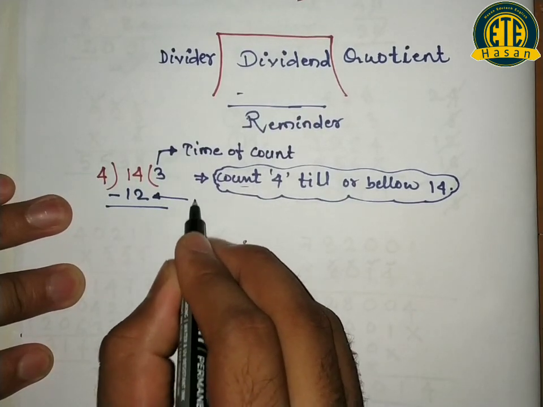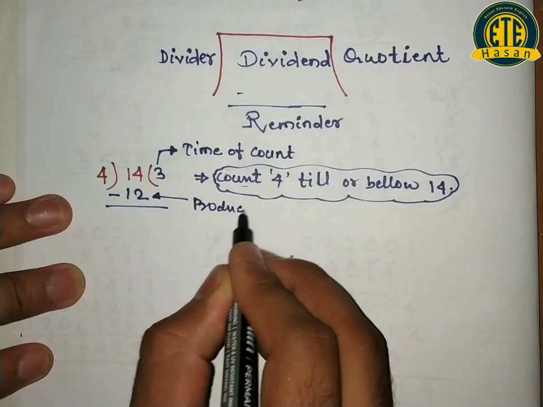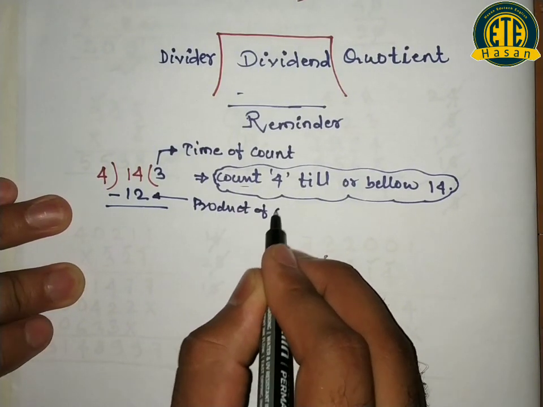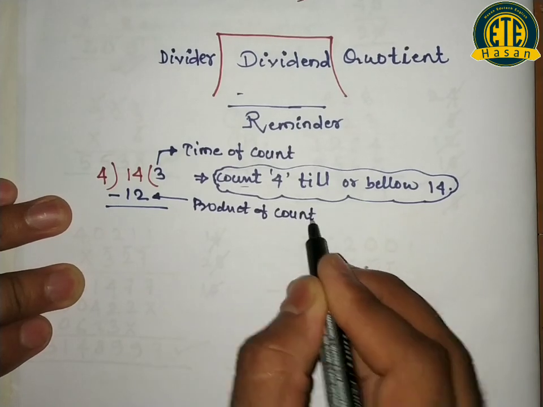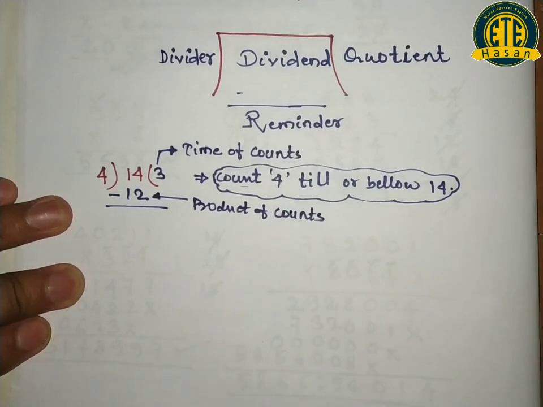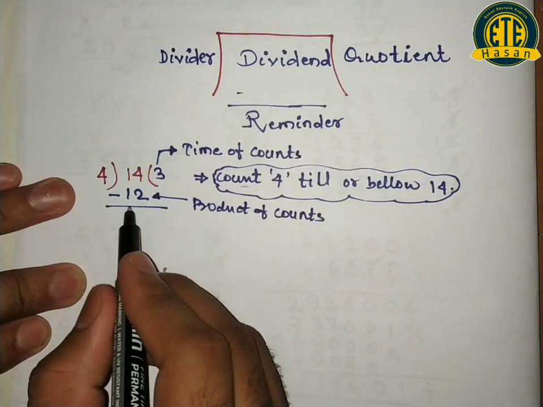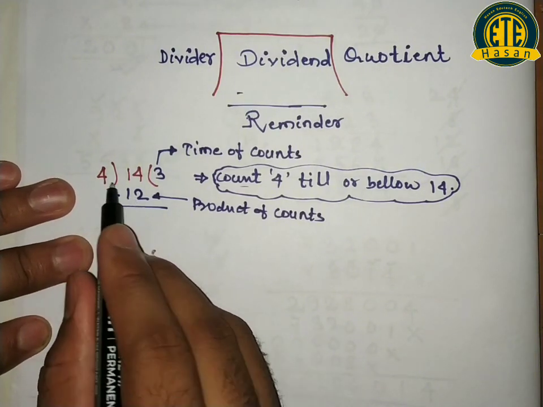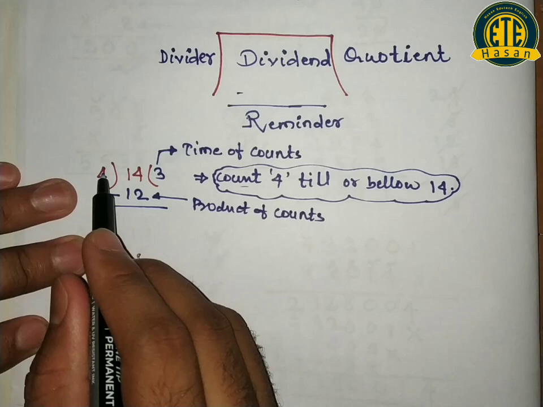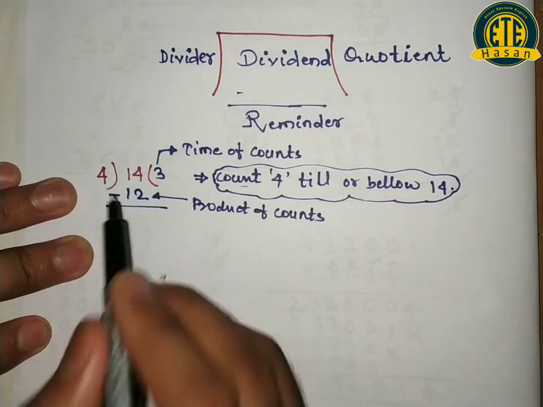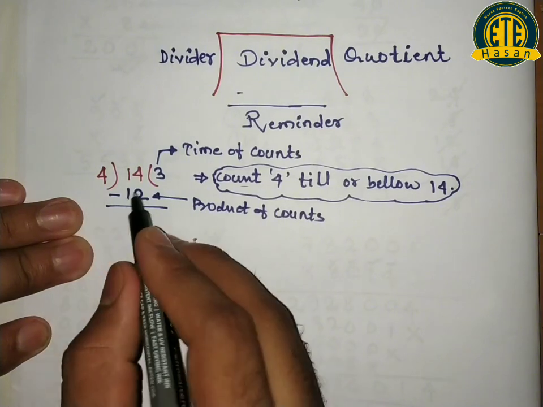This is the product of counts. The 4 3s are 12. Here I have written 12. If we cross check, 4 into 3 will be 12. Okay, so now subtract it.